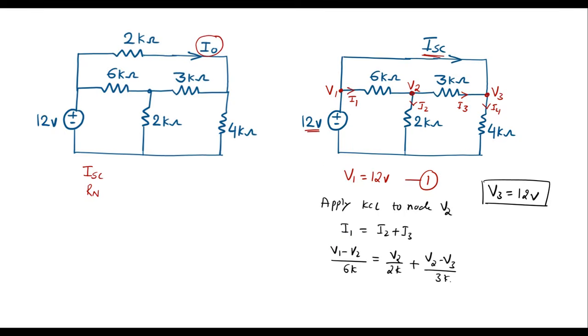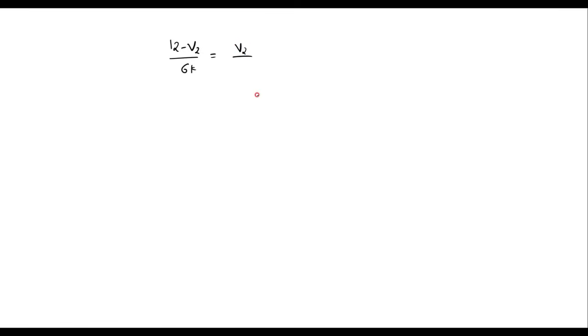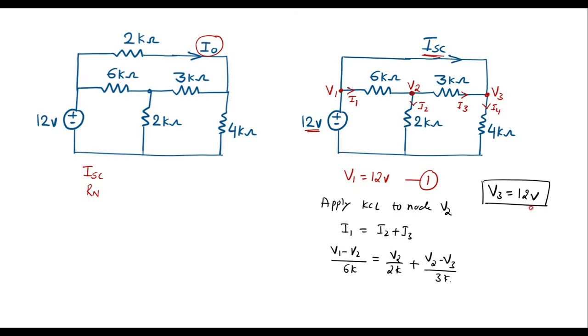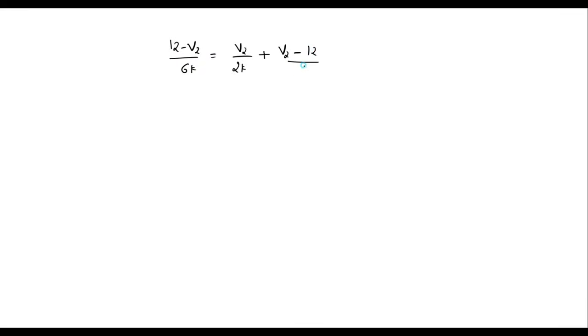is equal to V2 by 2K, then plus V2 minus V3, which is nothing but 12, divided by 3K. Let me simplify further. I can represent it as 12 by 6K minus V2 by 6K is equal to V2 by 2K plus V2 by 3K minus 12 by 3K.